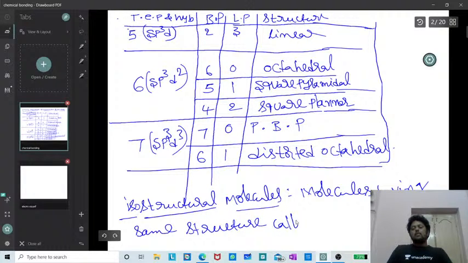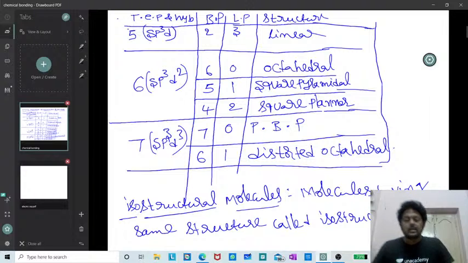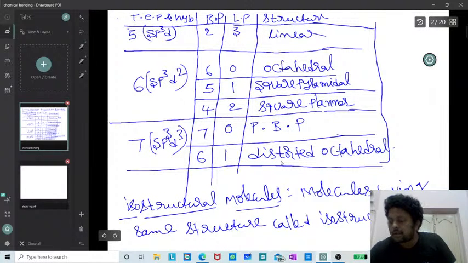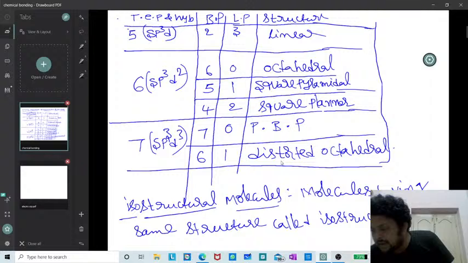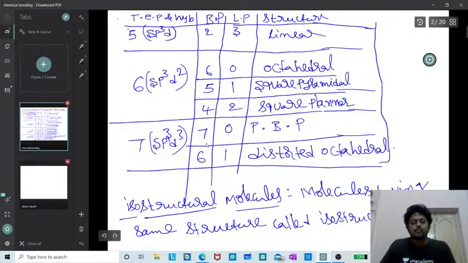Sometimes they will ask about isostructural and isoelectronic molecules. Isoelectronic molecules means molecules having the same number of electrons. So, next one.